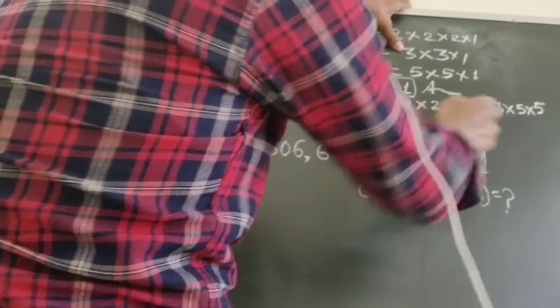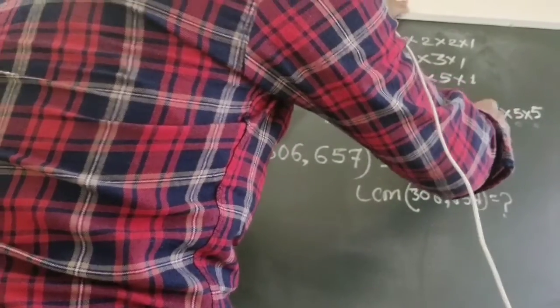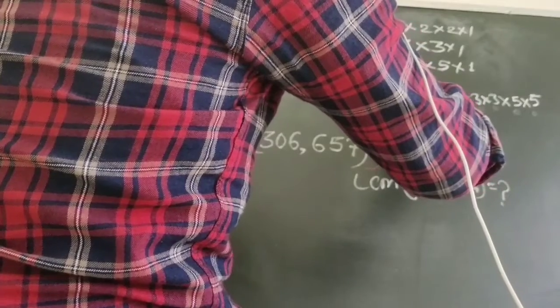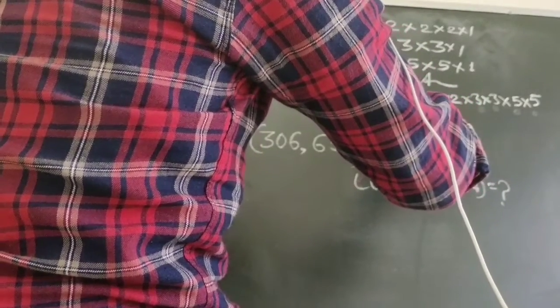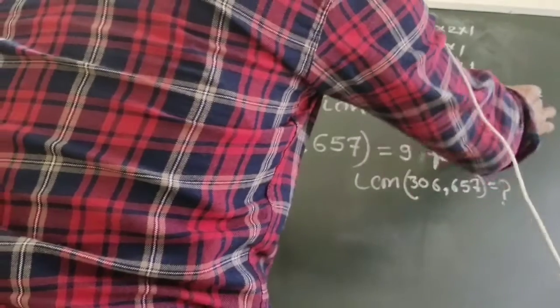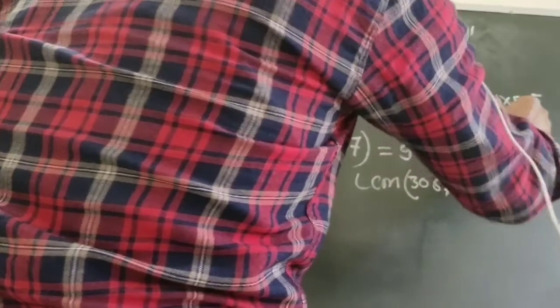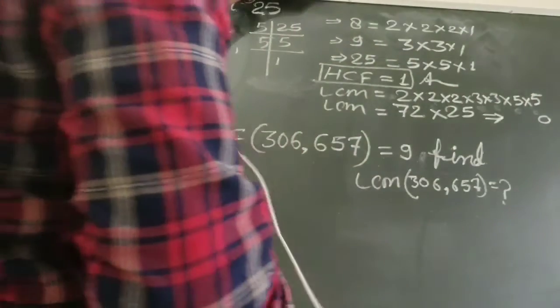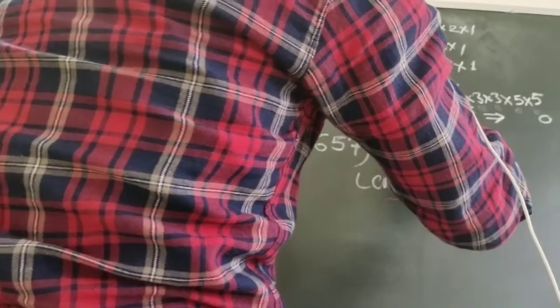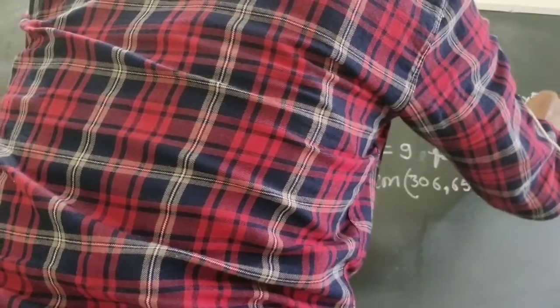Then LCM will be 5 5s are 25, 3 3s are 9, 9 2s are 18, 18 2s are 36, 72, into 25. 25 2s are 50, 0, carry 5, 25 7s are 175 and 5 is 180. Then the LCM is 1800, and HCF is 1.